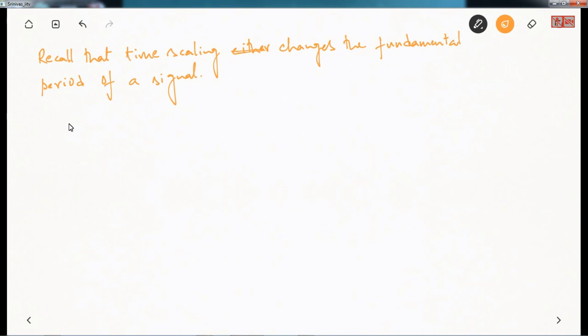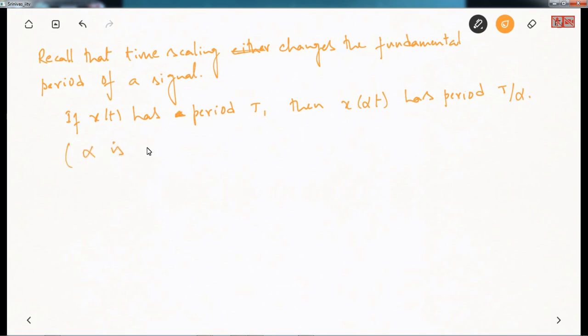Right? Then if x of t has period T, then x of alpha t has period T by alpha, T divided by alpha. Here alpha is a positive real number.